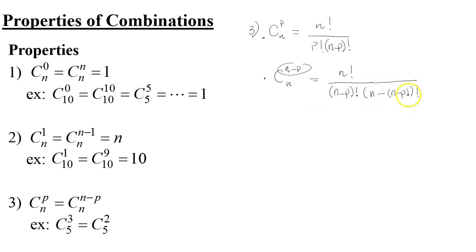If we were to simplify this, that's n factorial over (n minus p) factorial times (n minus n) plus p. If we expand here, n minus n, they cancel out, and negative times negative p is p. So you'd notice we're back to the combination of p out of n.